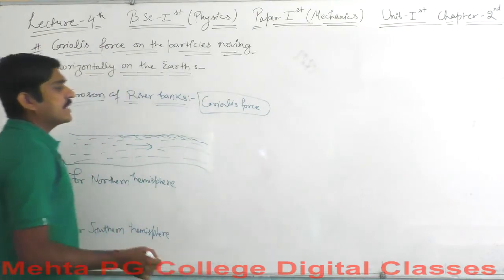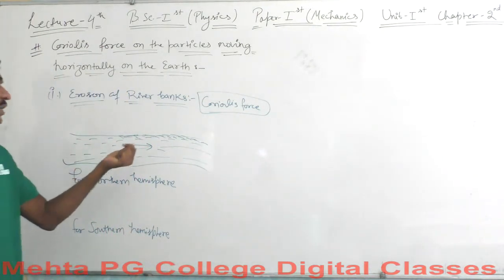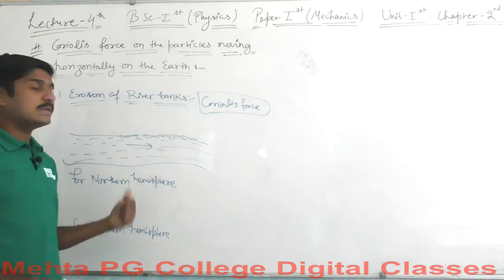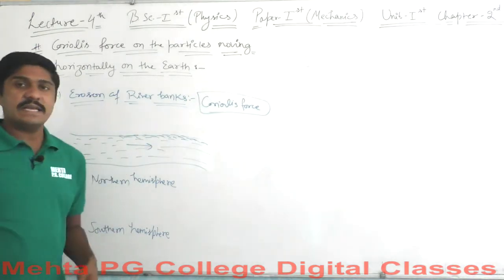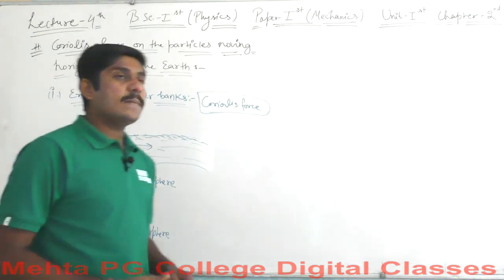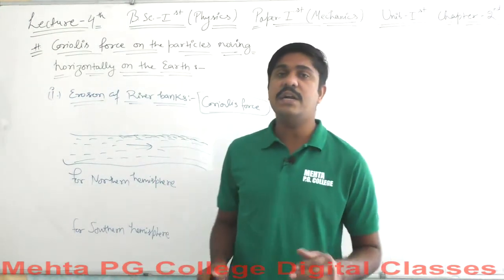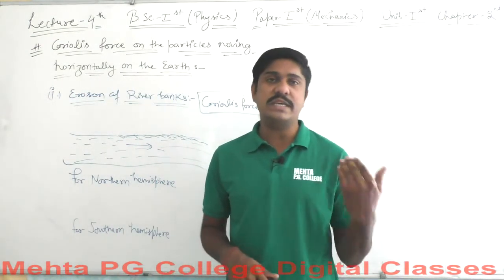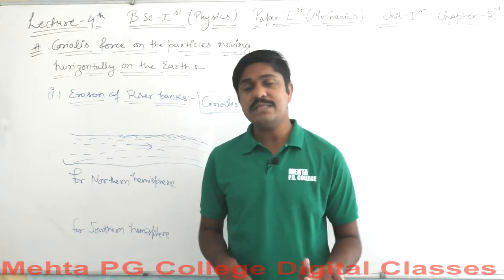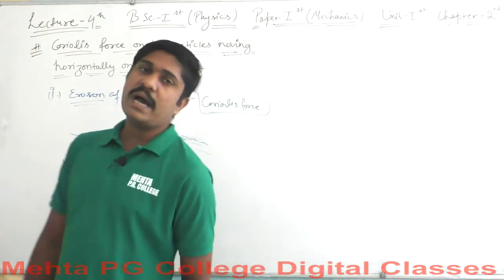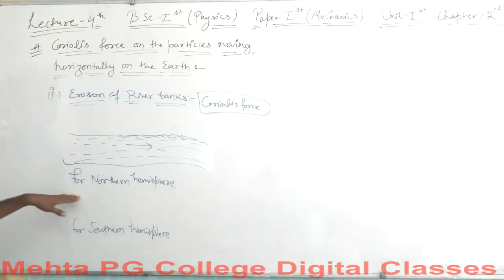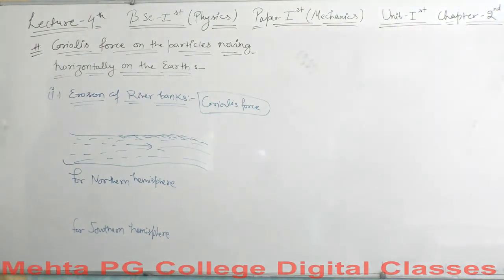Coriolis force is the reason behind that. Due to the Coriolis force, these river banks keep cutting from the edges. So let's talk about how, where and why the erosion will take place, and how these things will happen. I said that the river is flowing in the northern hemisphere or in the southern hemisphere. So what will happen here?